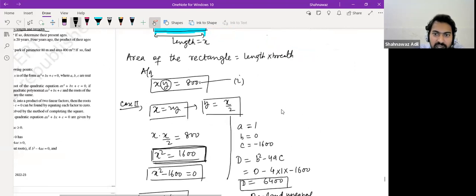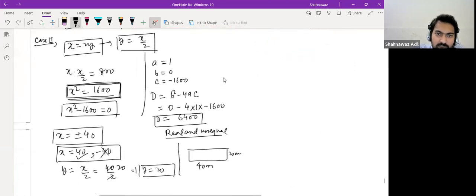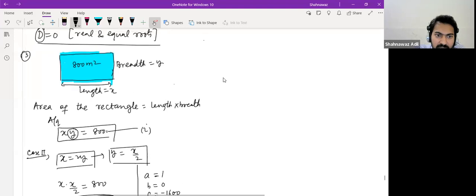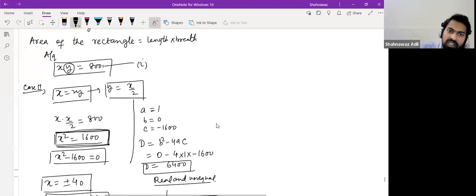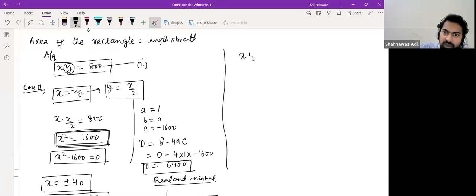Okay, yeah. So yes, we can also do that, right? So my equation is that x into y is 800, right? And x is 2y. So I can replace either this y or this x, right?